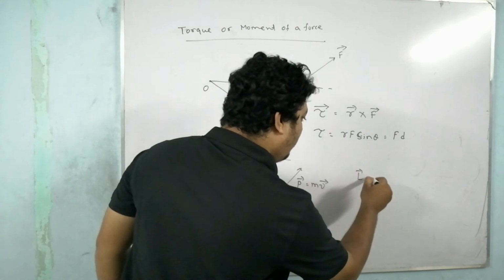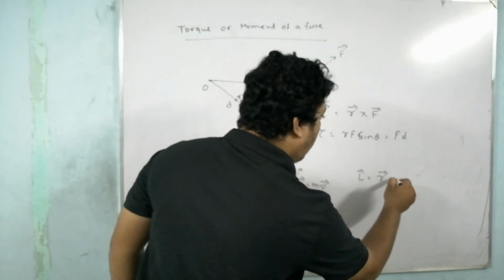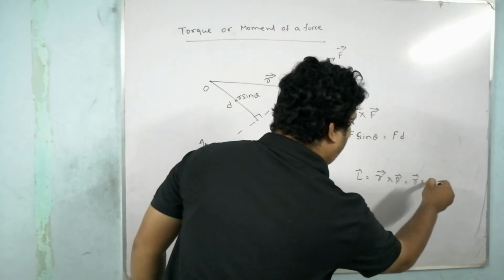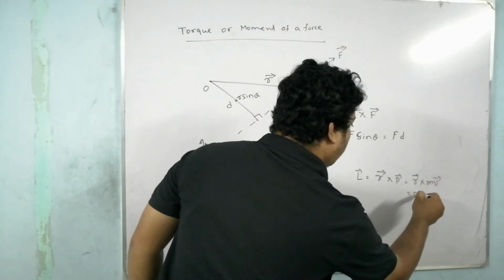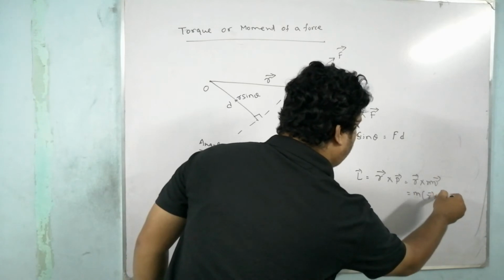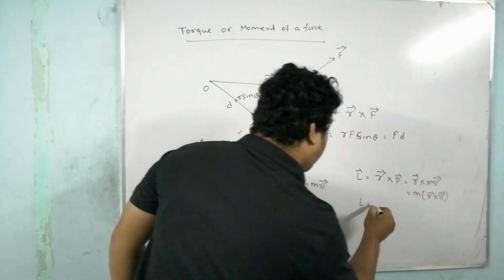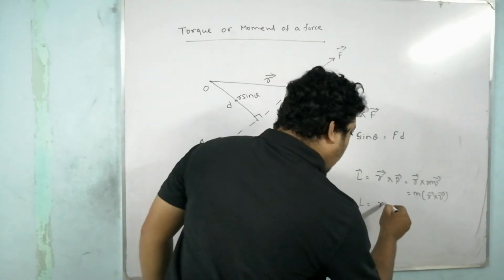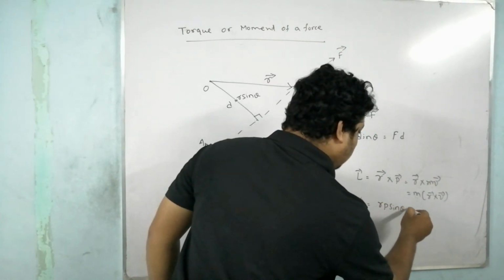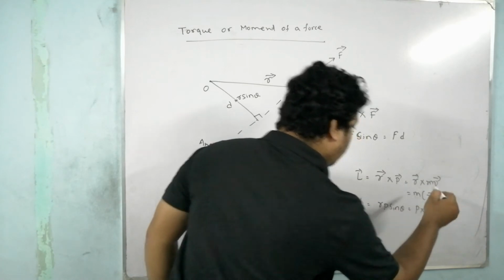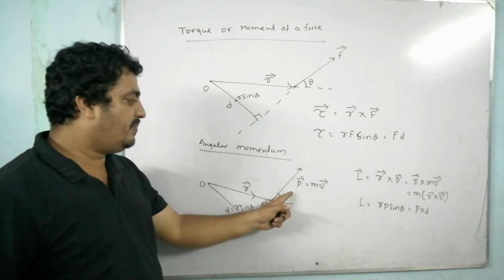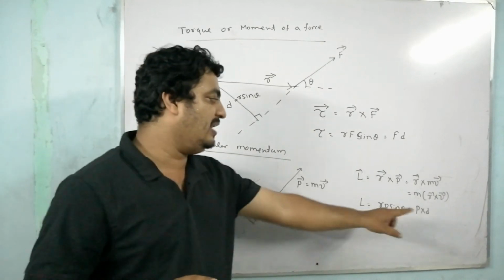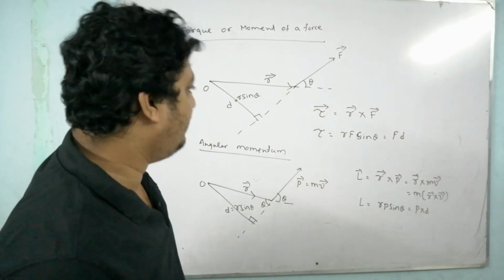Now angular momentum L equals r cross p, that is r cross mv, or simply we can write m into r cross v. So the magnitude of angular momentum will be rp sin theta, that is equal to p into d, the magnitude of the momentum into the perpendicular distance. This is the value of angular momentum.